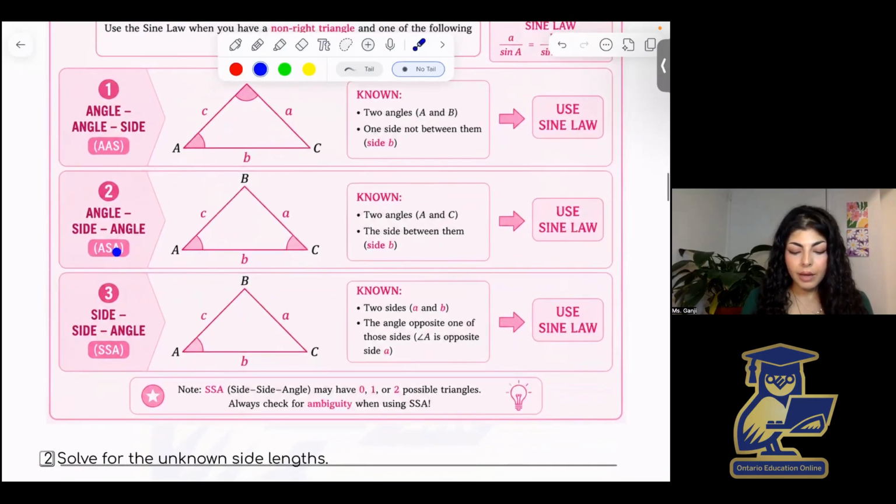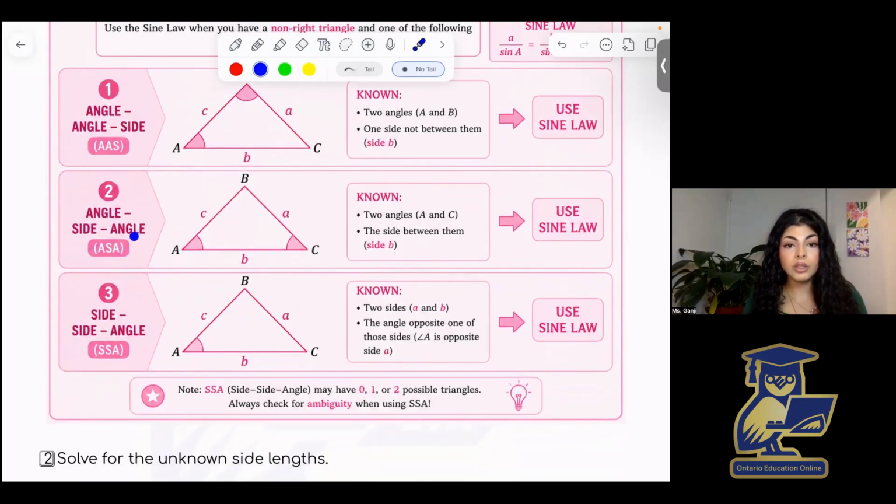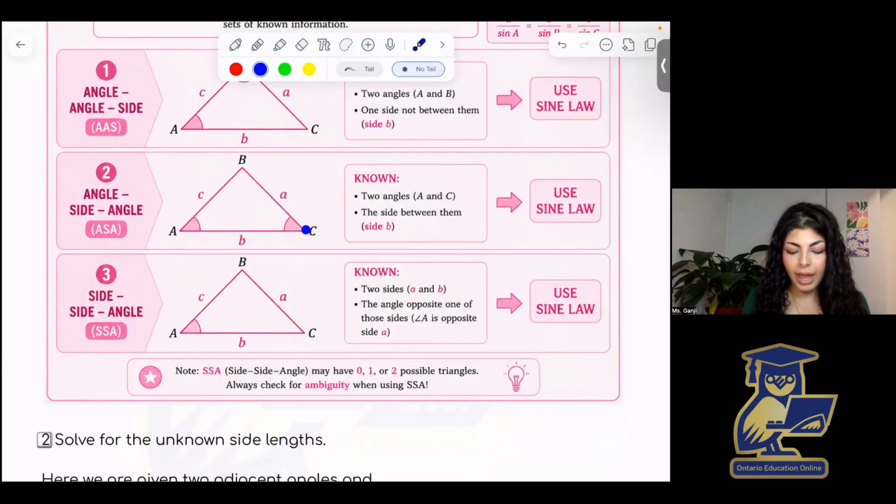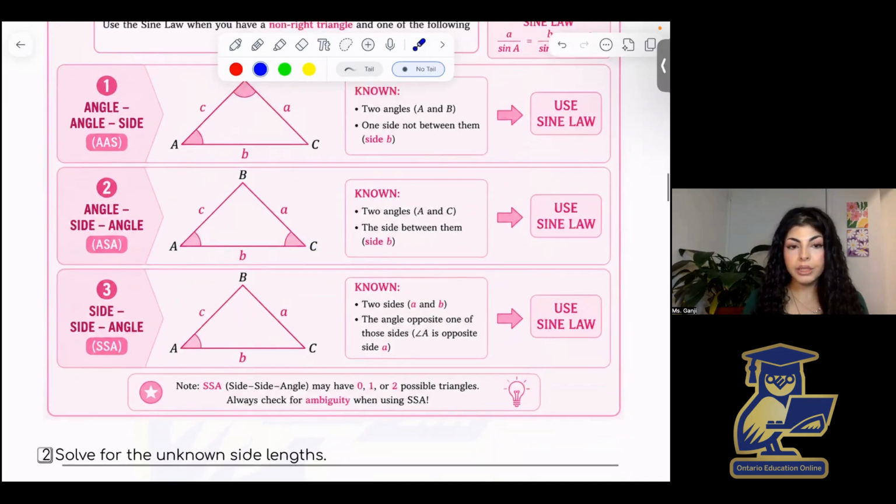Another case is ASA, where now we have angle, side, angle, which is actually the side that is between the two angles. So in this case, when we have A and C, then the side between them, B, is given to us. And again, here we can use sine law. I want you to first think for yourself, why can we use sine law in this case? The reason is when you have two angles, you can actually solve for the third angle.